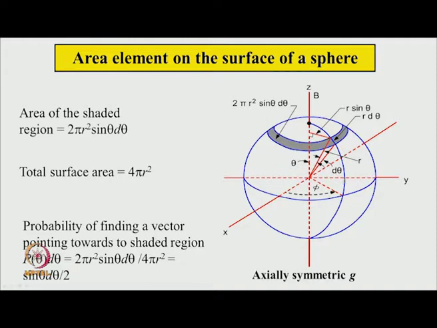So for all values of phi, that happens to be this particular band here. It is easy to see that the area of this band is 2 pi r square sin theta d theta, but the total surface area is 4 pi r square. Therefore, the probability of finding a vector pointing towards the shaded region is this divided by this, which is sin theta d theta by 2.